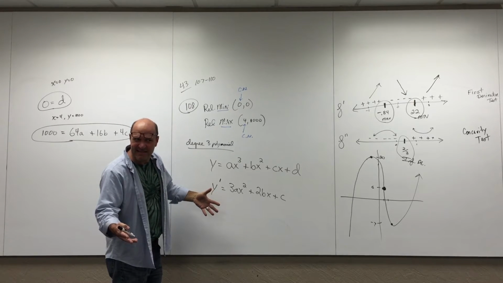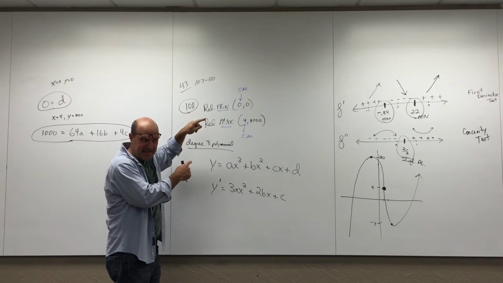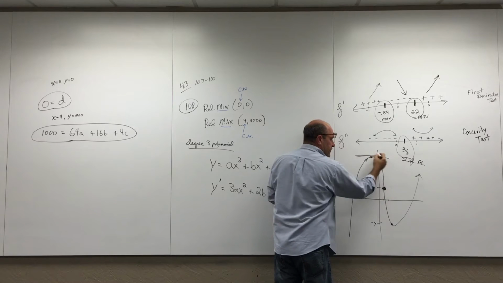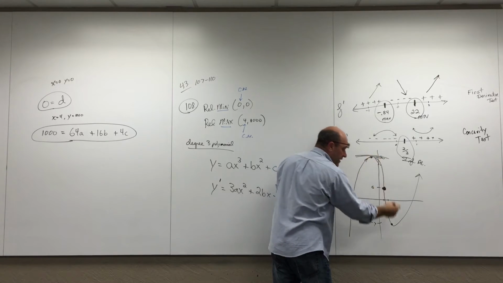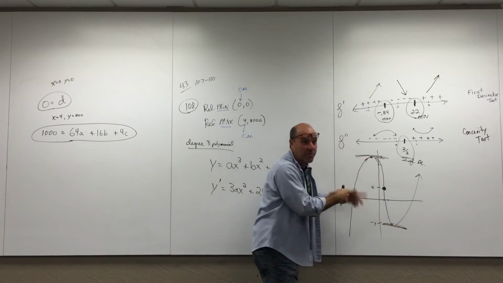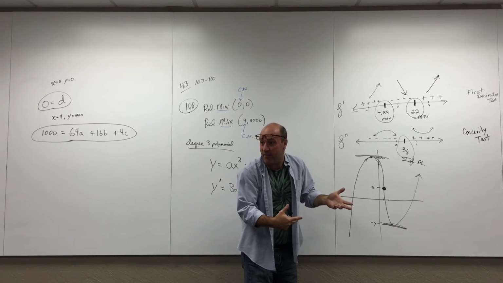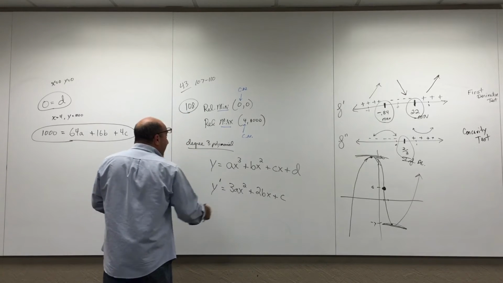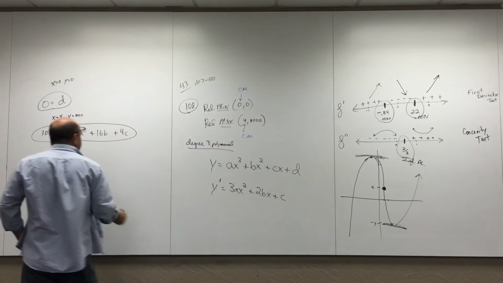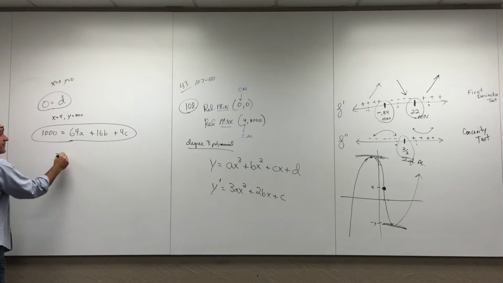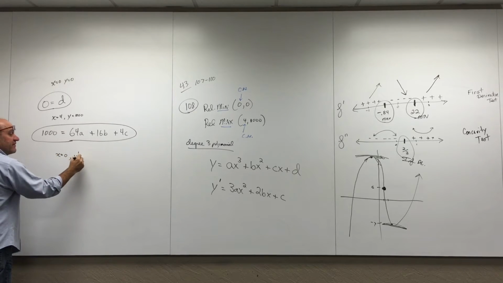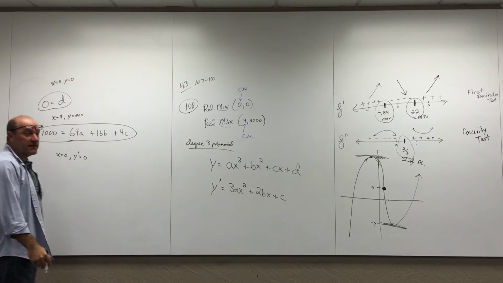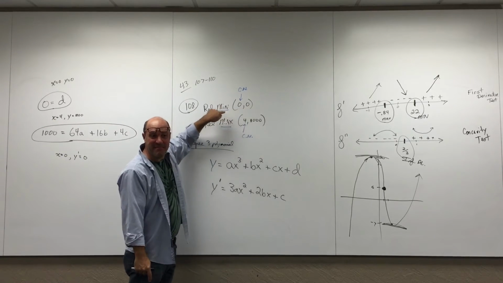Do you get that? They're mins and maxes. If you're a min or a max, the derivative is 0 when you're at that point. The slope of the tangent line is 0 at that point. So when x is 0, the derivative is 0, not because that's a 0, but because it's a min.